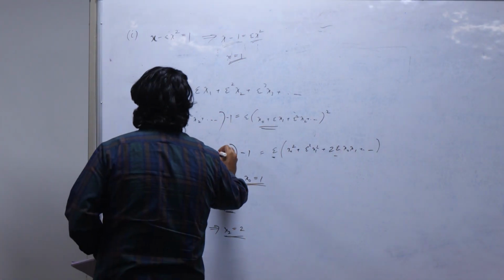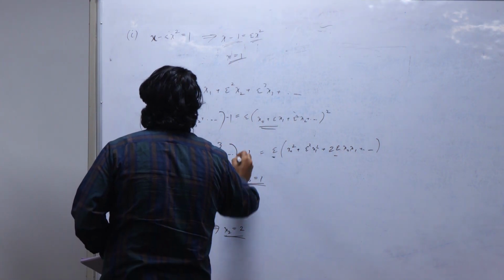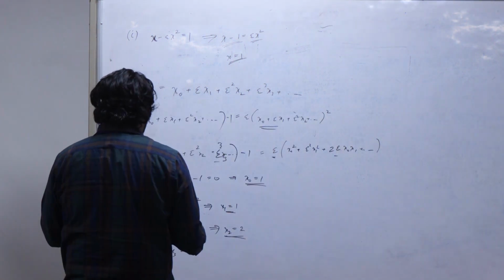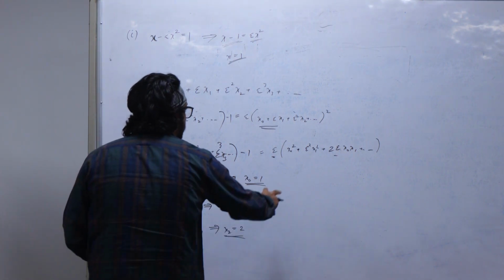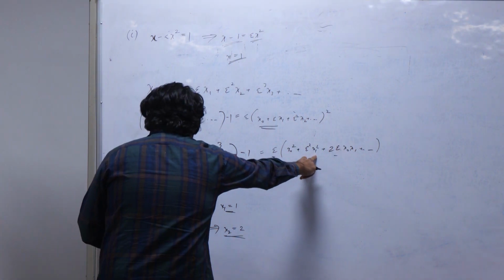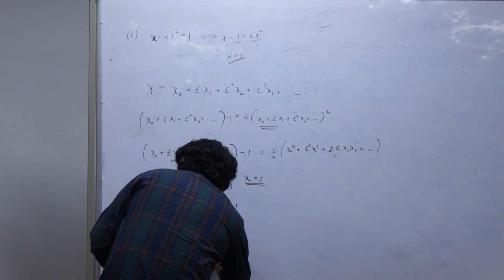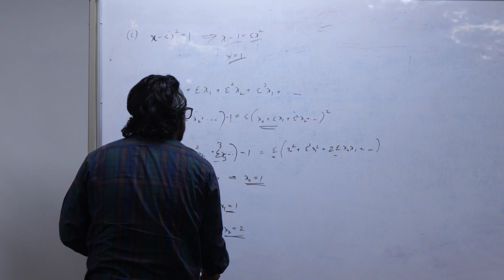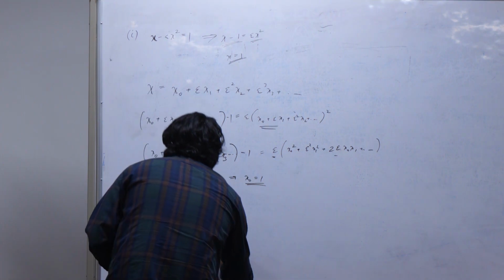And similarly for epsilon cube, we have x3, which is here. x3 equals x1 square plus 2 x naught x2.